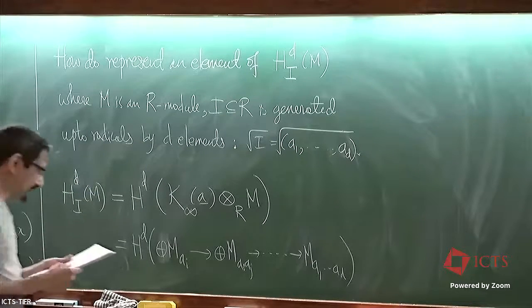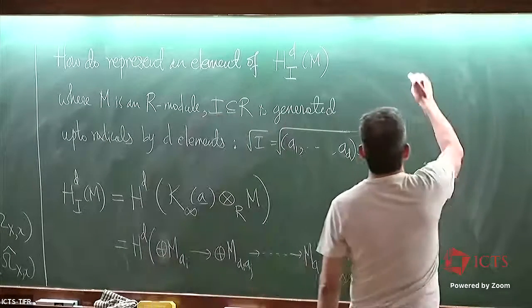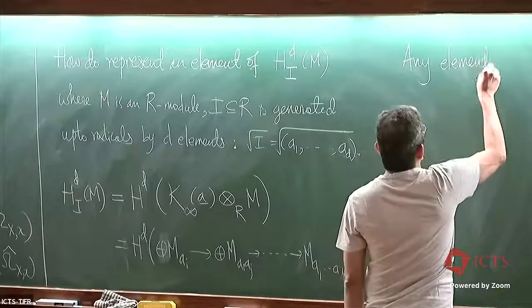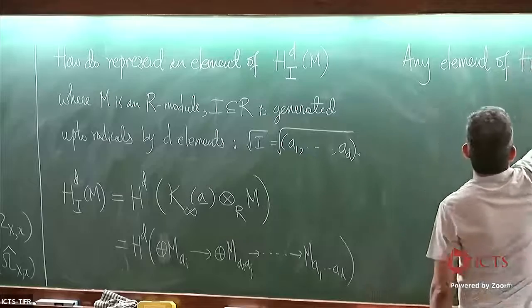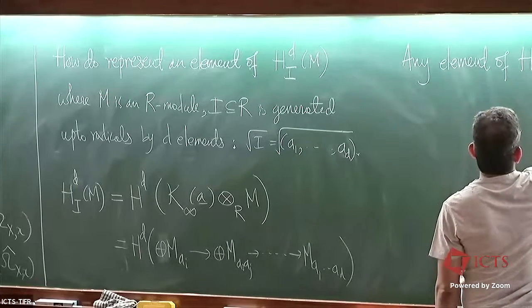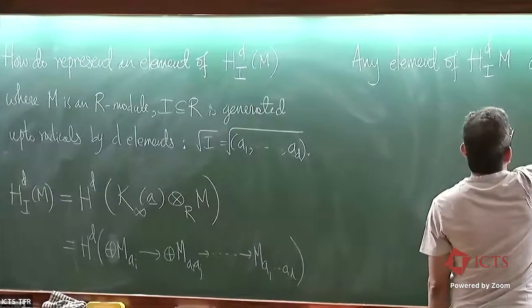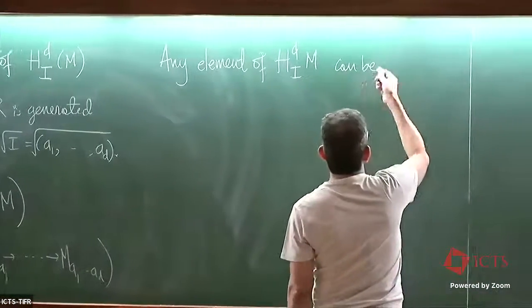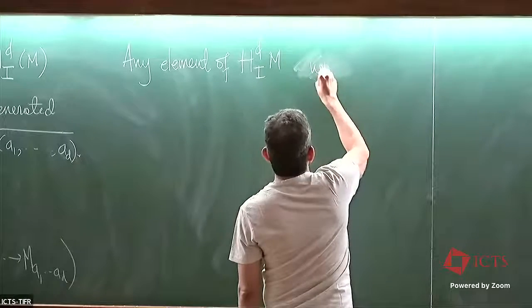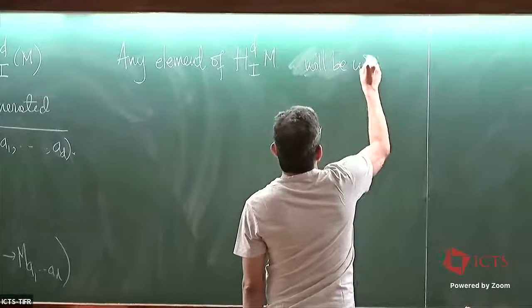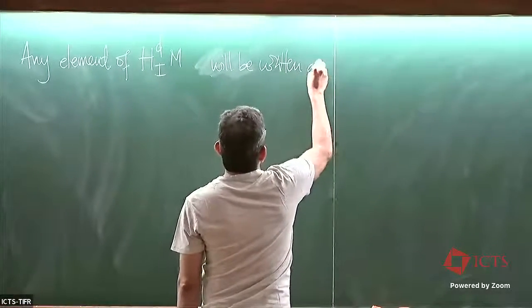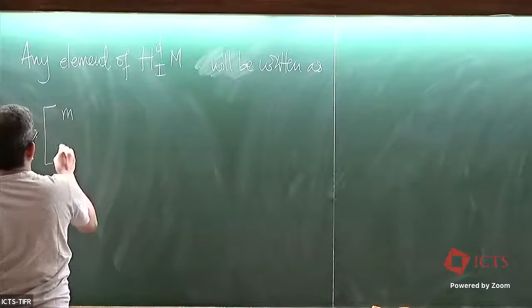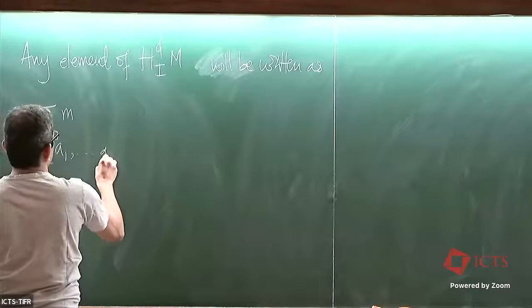And so what this will tell us is that any element m can be written, and we will write, as so. This is what is called a generalized fraction.